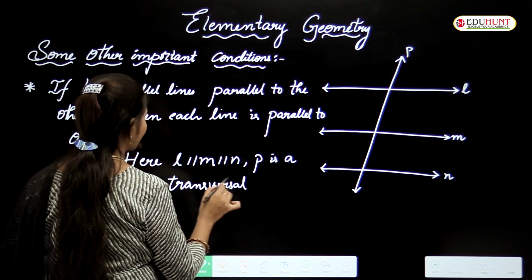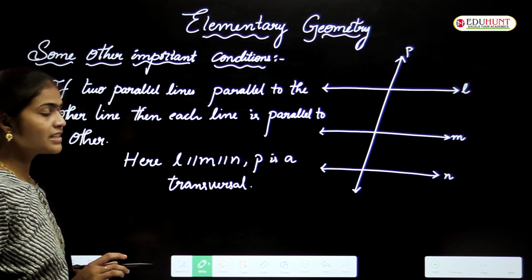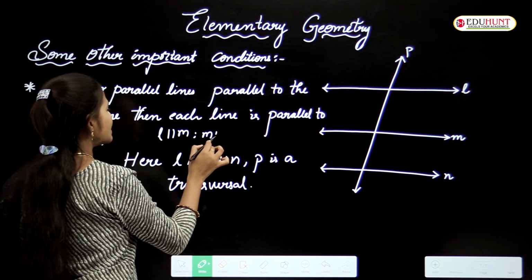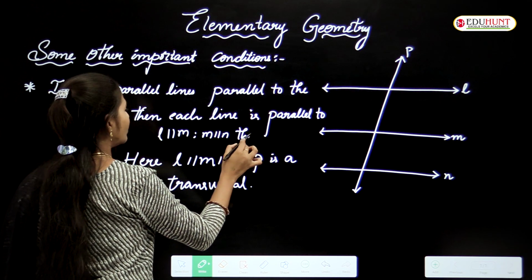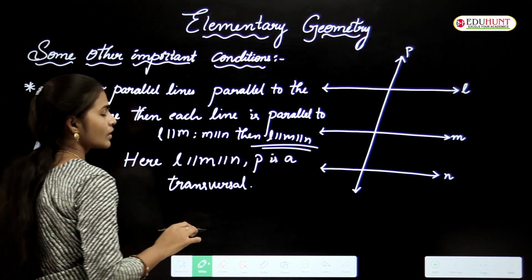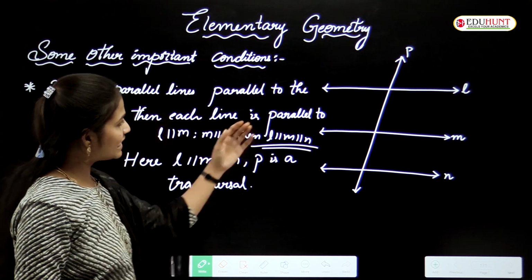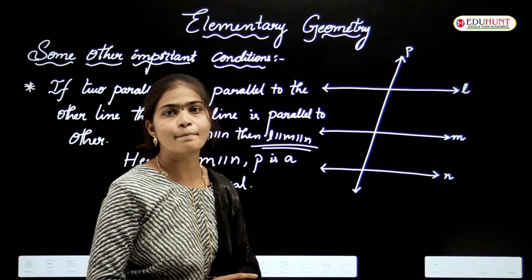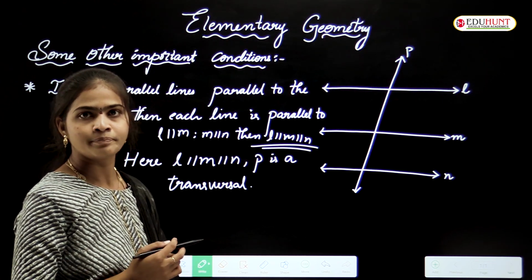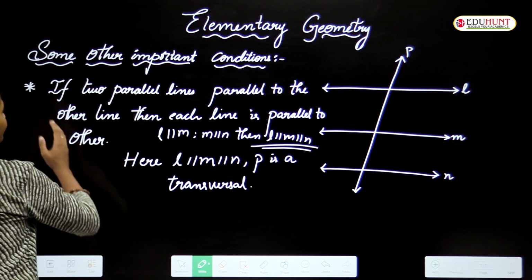This is possible only when L is parallel to M and M is parallel to N. That is the meaning of this first point. Okay, come to the second one.